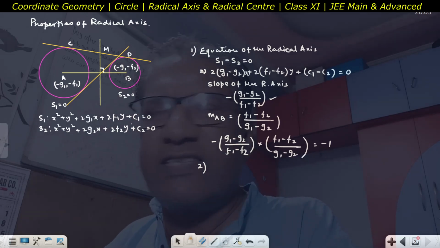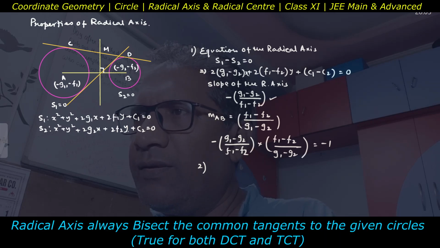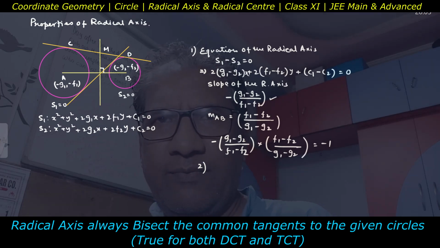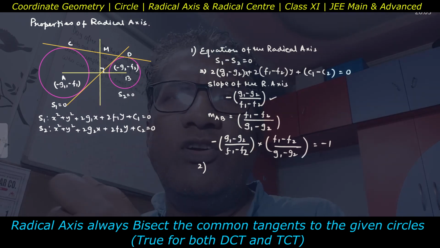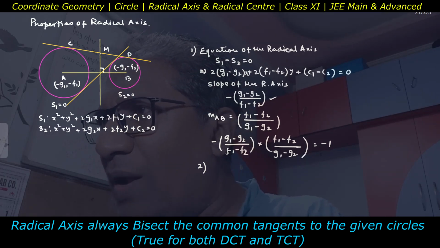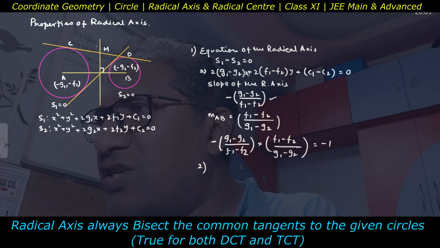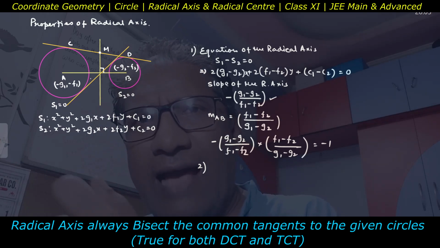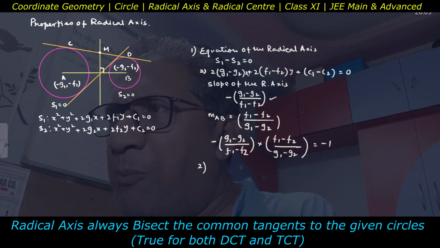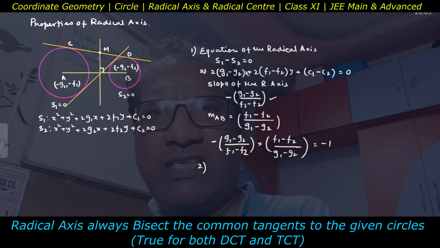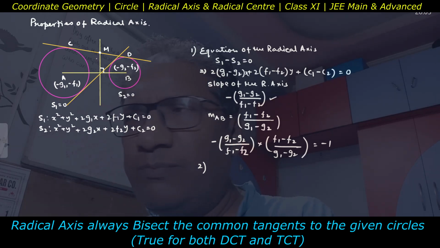Now this property states radical axes always bisect their common tangent. Is it true or not? Please check this one. This direct common tangent is intersecting the radical axis at the point M. And from the definition of radical axis, we know that from any point on the radical axis, if you draw tangents to the two given circles, their lengths are equal.